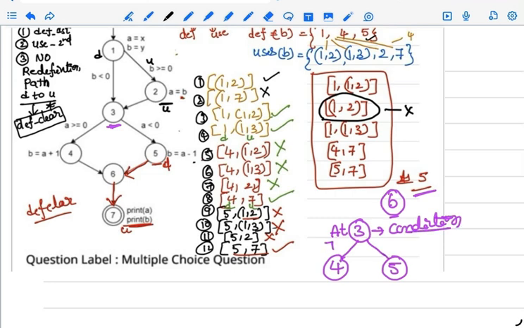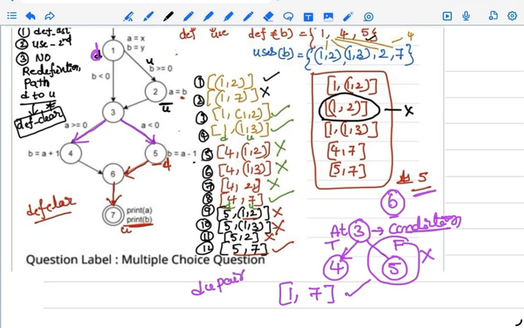For example, if this is the true condition and this is false, then if the condition is true, it won't go to the node 5 path. 3 to 5 is not considered as a path. So if at node 3 there is a condition and it splits into two paths, 4 and 5, and the definition is at node 1, then 1 to 7 is also considered as a valid du pair.